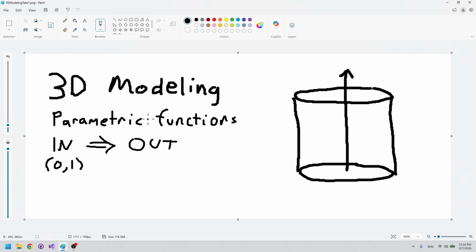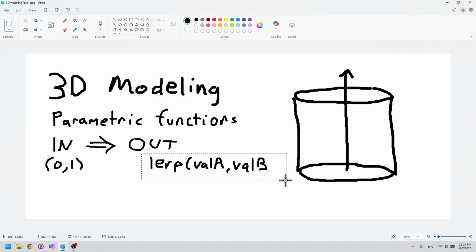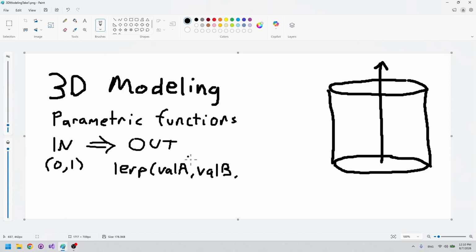An example that we've seen already that you could think of as being a parametric function is this lerp function, or linear interpolate, that we saw in our shader lesson. That takes one value, we can call it value A, and a second value, value B. Let me move this over so we get a little bit more space. And then the third thing that we passed into this was a parameter, and you could call this blend T. This T here is just one of my conventions.